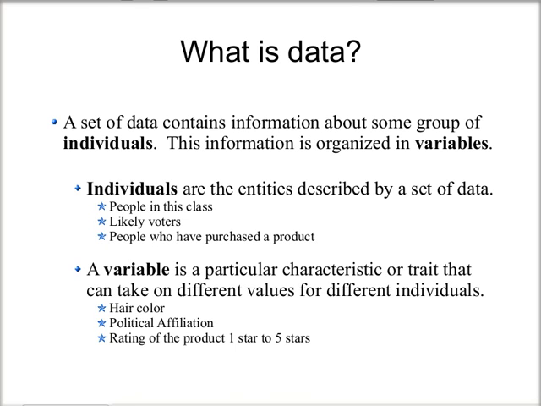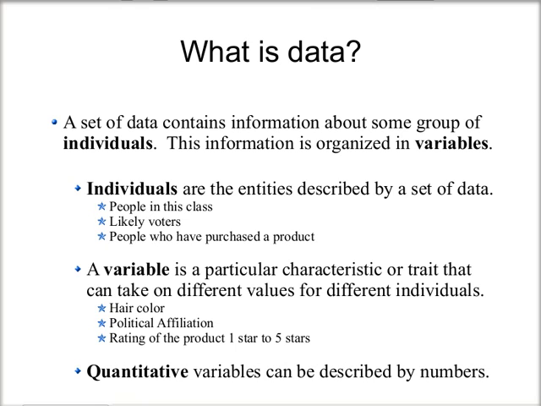They could say Republican or Democrat or Independent. For people who've purchased a product, the variable could be how they rated the product, somewhere between 1 and 5 stars. Now you might notice that these first two variables I can describe with words, and then the last variable is described with numbers. So quantitative variables are ones that are described by numbers, and that's what we're going to be focusing on in this class.